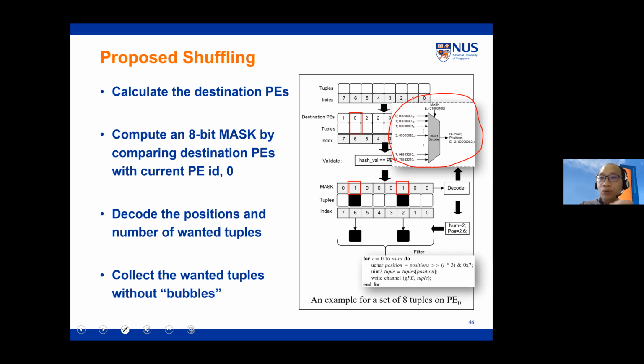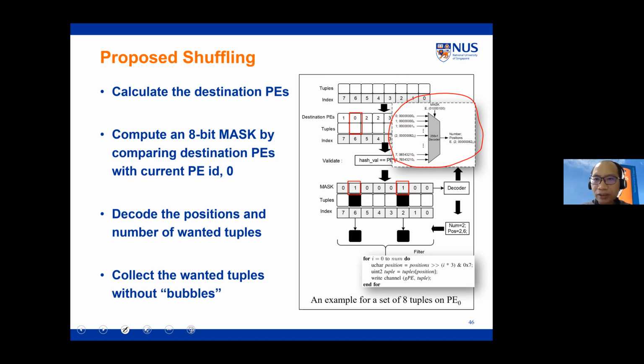If you do this flag, we only have a limited number of possibilities, from 00000000 to 11111111. Basically none of them belong to that PE, or all tuples will go to that PE. So you only have 256 combinations.